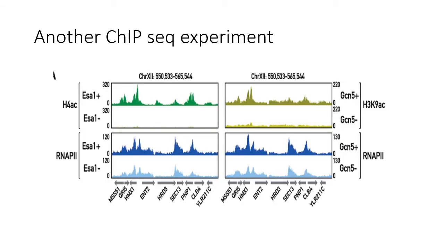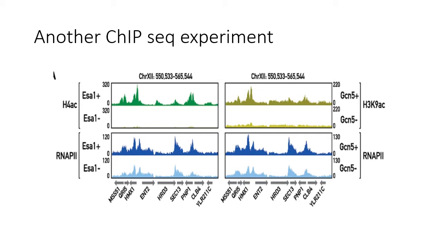Here's what the results of our ChIP-seq look like. We can take this apart and look at different aspects of it in order to answer some questions about how this all works. In the ESA1 wild type versus mutant experiment, we're looking for histone acetylation on H4. In the wild type strain, there are peaks strewn across that whole region.